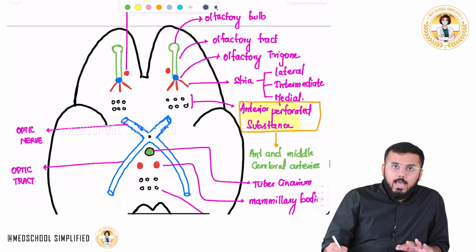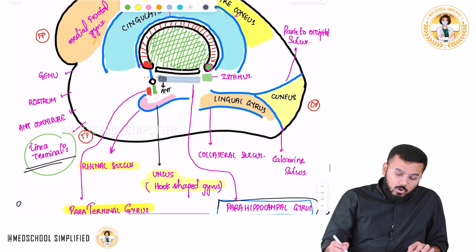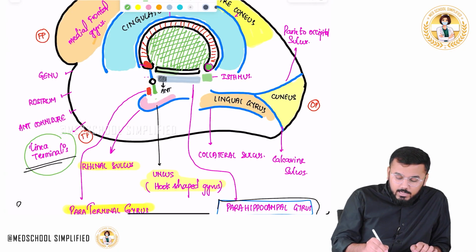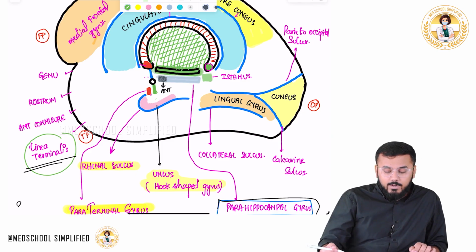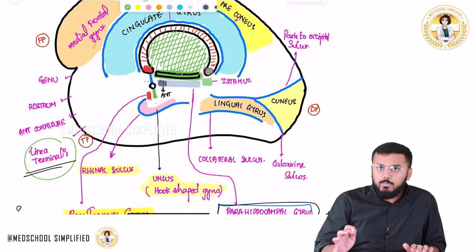And the fornix and habenular nuclei. Now where is the fornix located? All of you see, this is your fornix. This green color area which I have highlighted over here is your fornix. And where are your habenular nuclei?